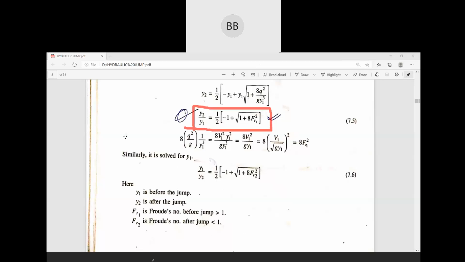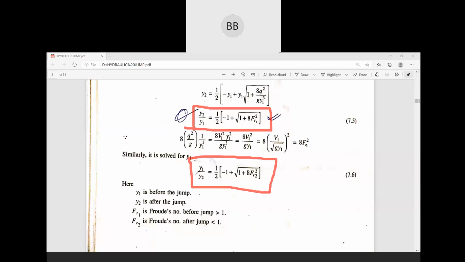If you write y2 divided by y1, then you will have Fr1 square, that is half into minus 1 plus root over 1 plus 8 Fr1 square. Or if you write y1 by y2, it's half into minus 1 plus root over 1 plus 8 Fr2 square. So these are the two relations between the y1 and y2 values.